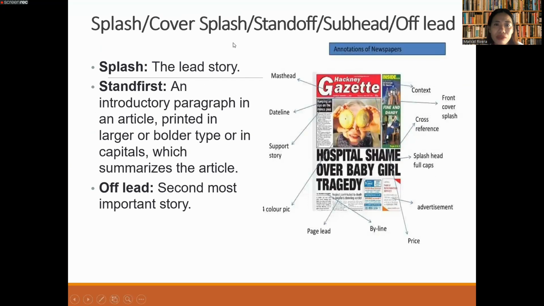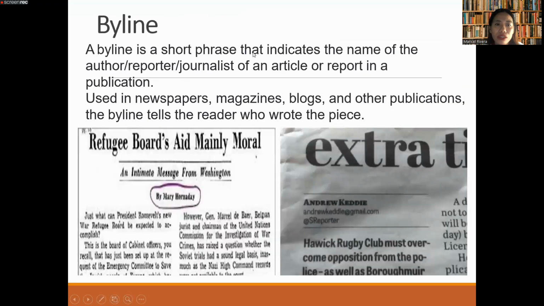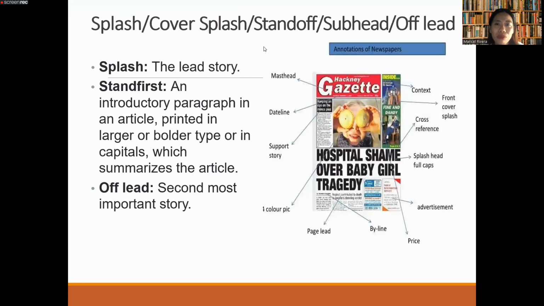And then we have here the splash, stand first, subhead, and off lead. The splash is the lead story. So remember, splash is the lead story, and stand first is an introductory paragraph in an article printed in larger or bolder type or in capitals, which summarizes the article.